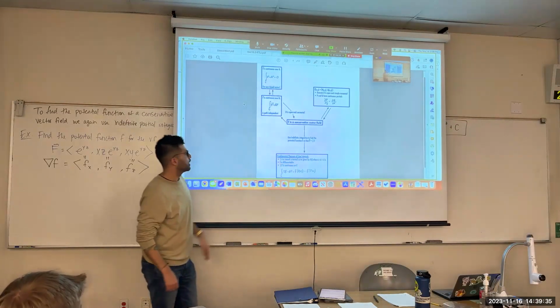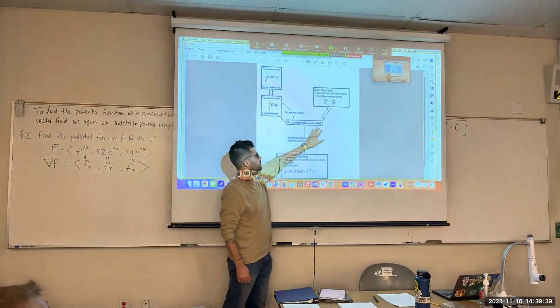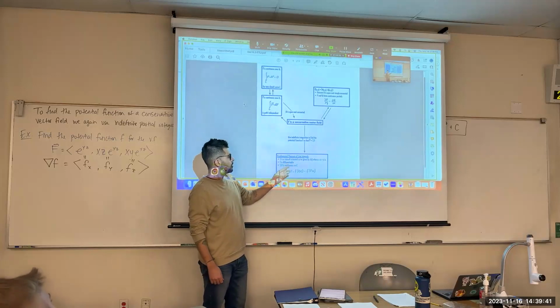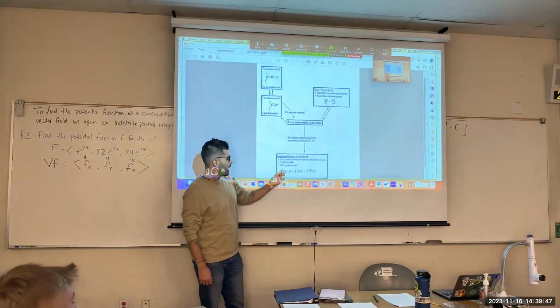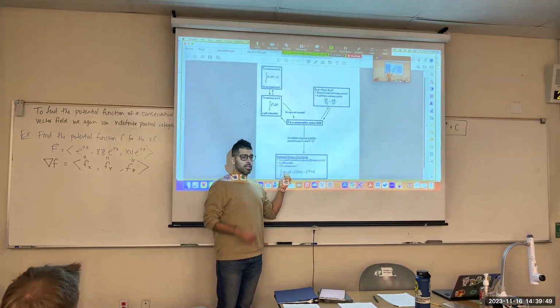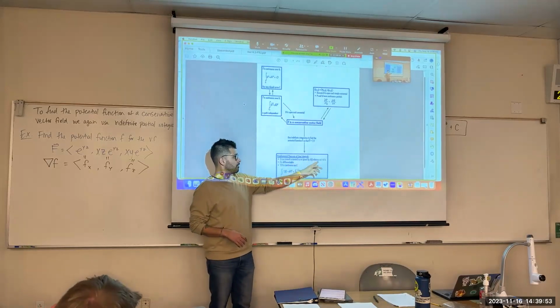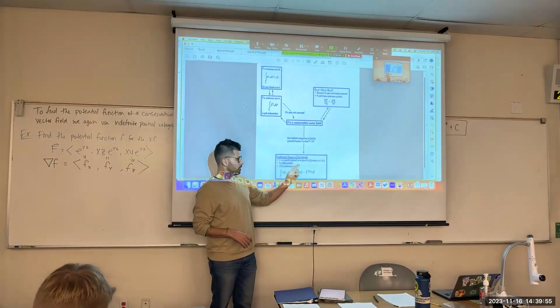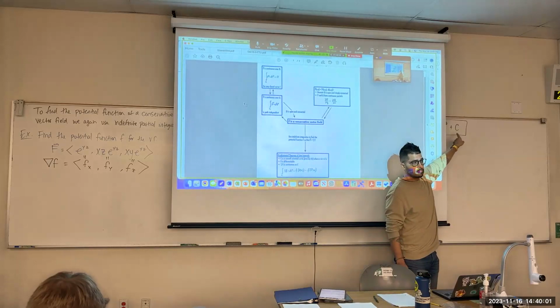Good? Okay. So the entire reason why we care about finding conservative vector fields is so that we can use this theorem, the fundamental theorem of line integrals. Instead of doing a line integral, I just grab the endpoints of a curve and plug them into the potential function that we just found.